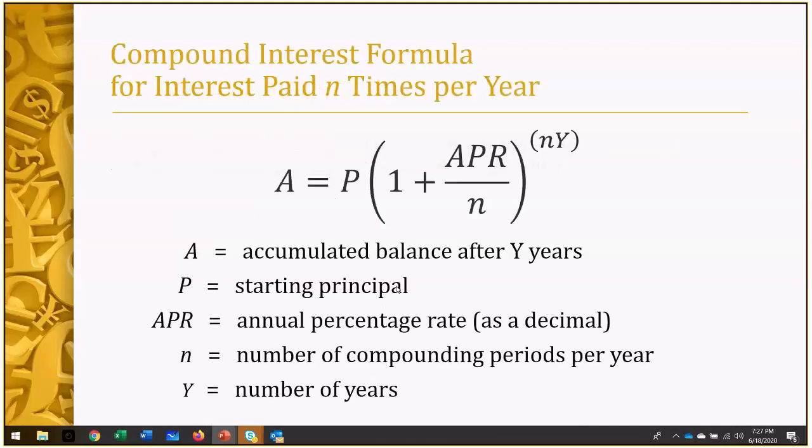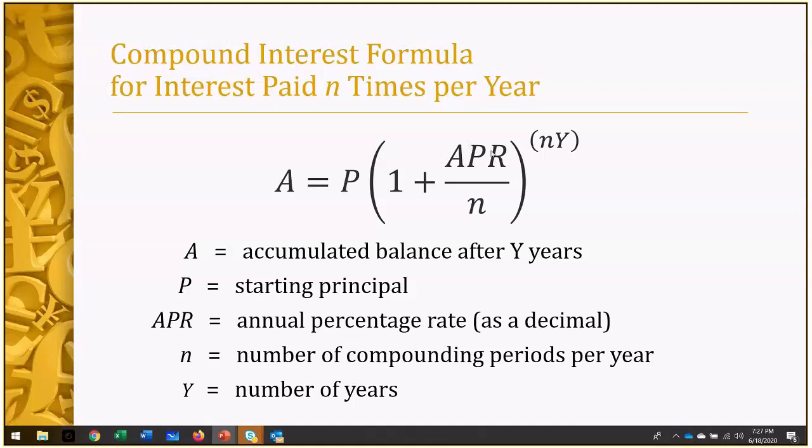So this one looks pretty complicated, but if you have your scientific calculator, all you need to do is plug it in exactly the way it's written, with parentheses around everything, and just hit enter, and it'll give you your answer. So you just need to plug in your principal, then open a set of parentheses and do 1 plus. APR is now in place of the R. It's the rate, though.